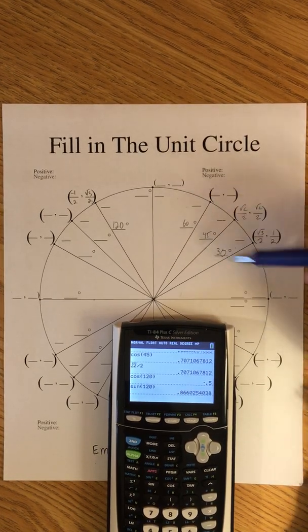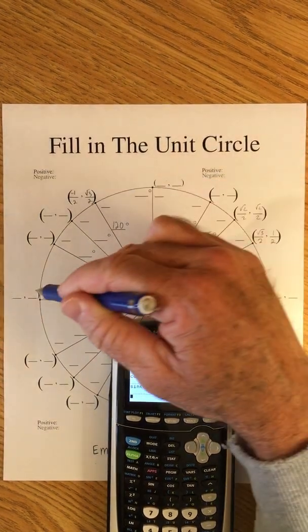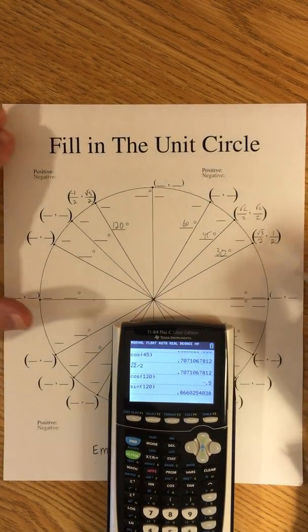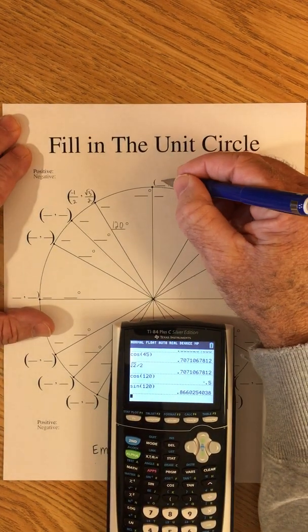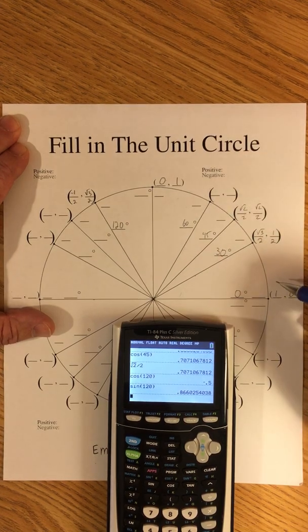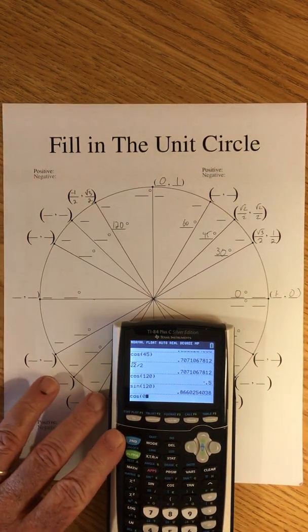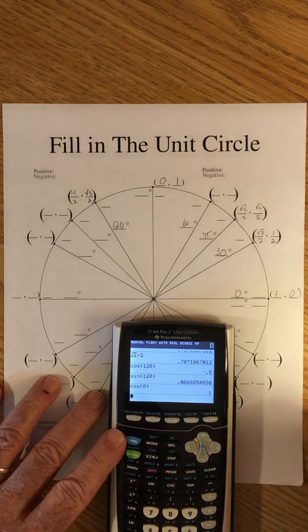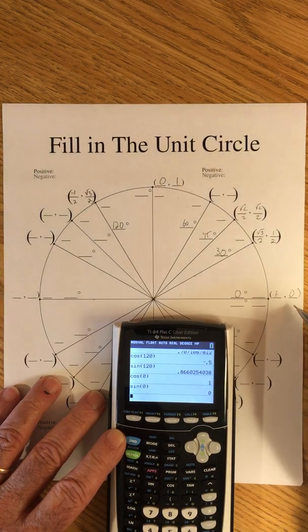All right, we have one more thing to cover here. And notice I haven't really talked about these points I wrote down, but what do they mean? This point was 1, 0. This one's 0, 1. Well, these angles exist as well. This is 0 degrees. According to what we were talking about, the cosine of 0 degrees should be that value 1. Let's check. Cosine 0 is 1. Sine of 0 should be 0.